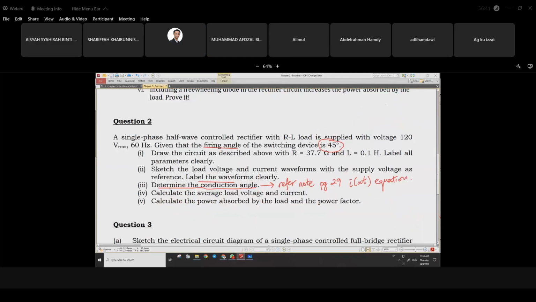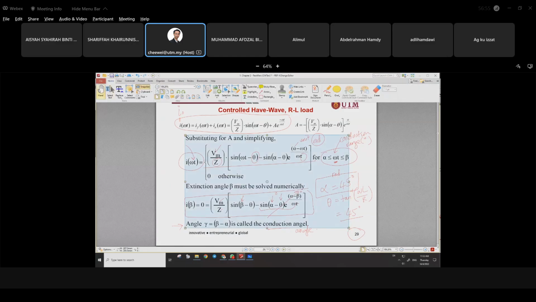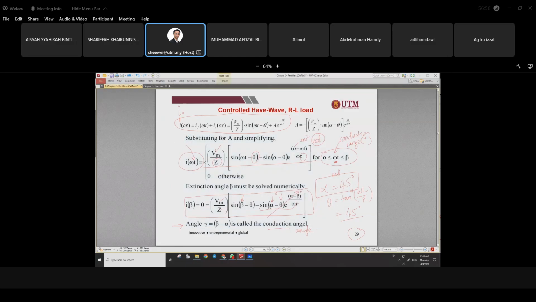Any question? Any problem? Okay, so don't be fooled or scared by the long equation of i(omega t), because eventually it becomes 0 if you calculate correctly the theta value. You see that this alpha minus 45 gets eliminated.